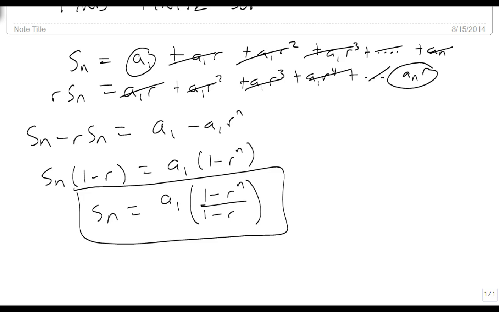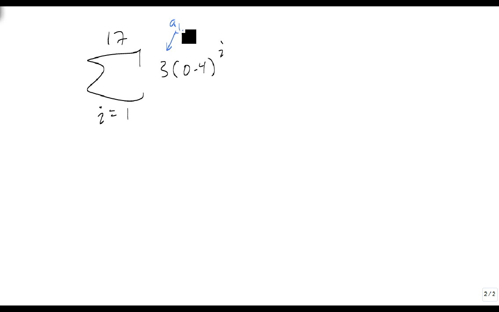And so let's look at a particular example. Suppose I tell you to sum from i equals 1 to 17 of 3 times 0.4 to the i. So here's a1, we pull that to the outside if we wanted. Here's r, and n is the 17.